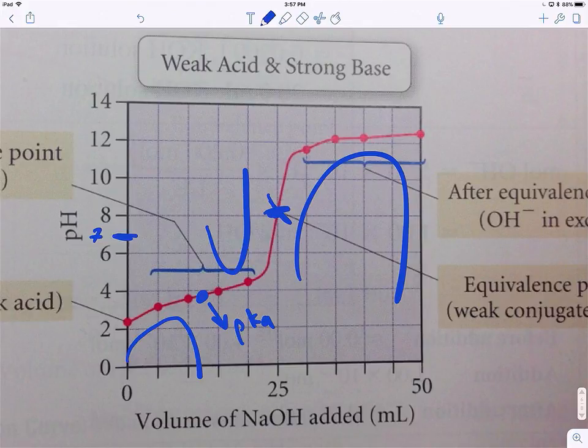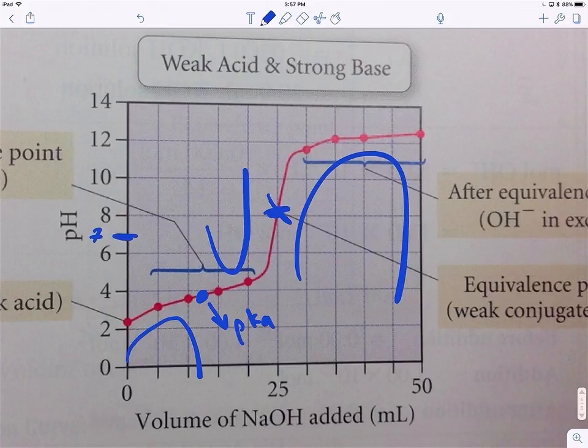And this is also the buffer zone. So this part right here is the buffer zone, which means that's the usable part of the buffer. This buffer zone is good from about 3.5 to 4.2. Or actually, no, it's about 3. So from a pH of a little bit above 3, and it could be 3.5. It's hard to tell exactly there.